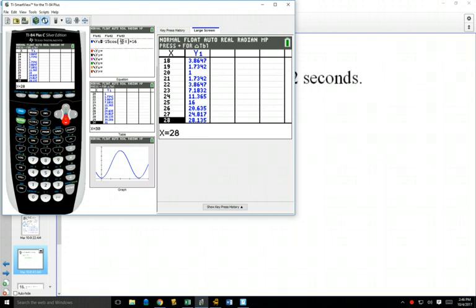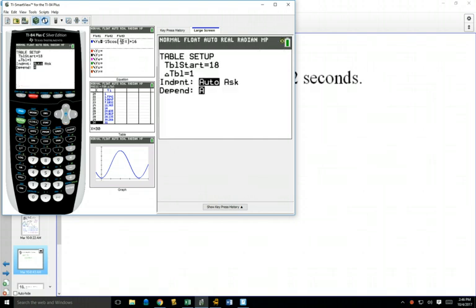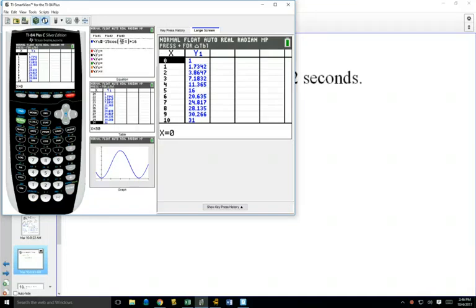So if that ever does happen to you, I let him go up for a long time. And then I told him, you can go second table set. Where do you want to start? Right now it's starting at 18. You can just go 0 and start it back at 0 again. And life's easy.